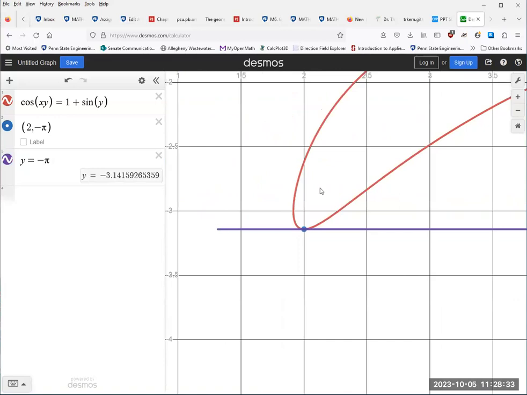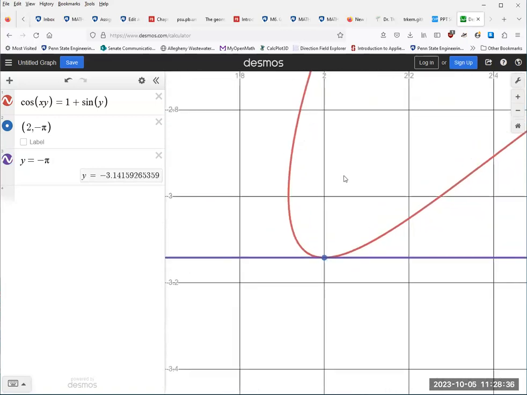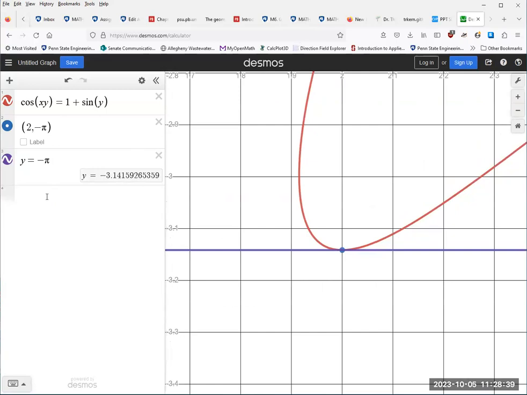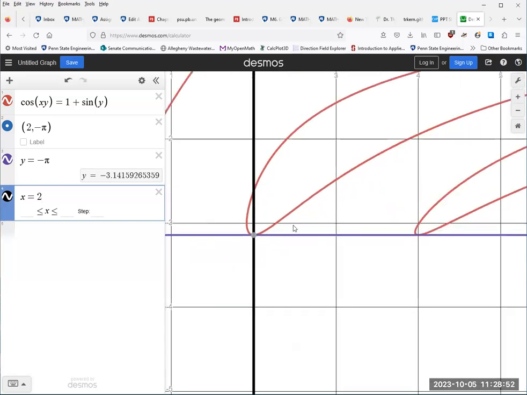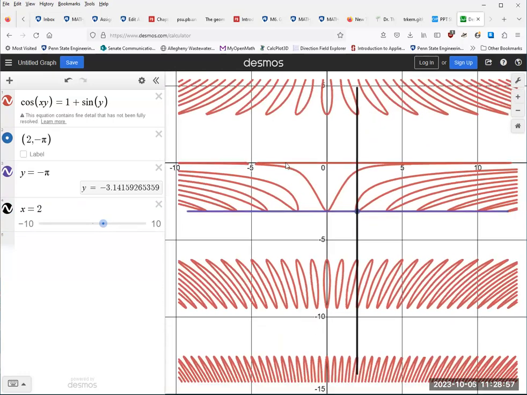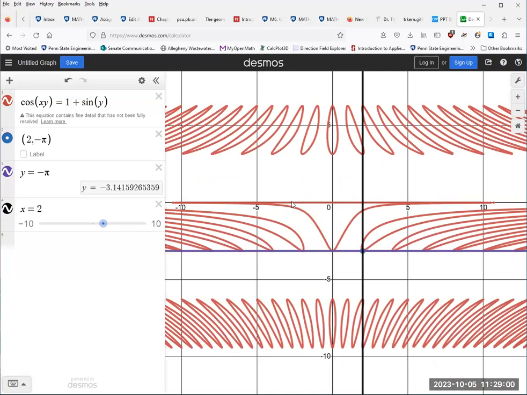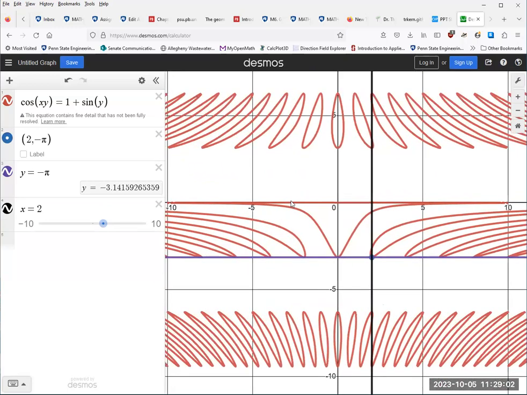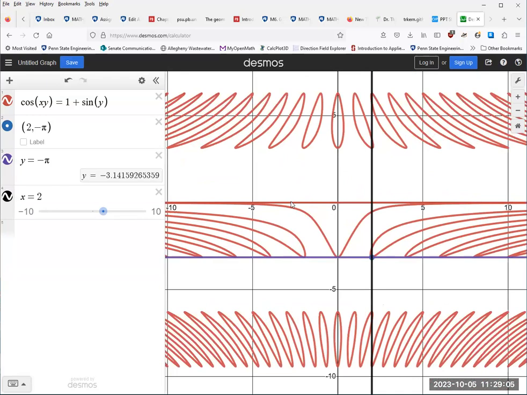Let's also put in the equation of our normal line, x equals 2. We see that it's perpendicular to our tangent line, and it goes through the point of interest. So even though this implicitly defined curve is not at all a function, we're still able to talk about tangent lines at this point. Great.